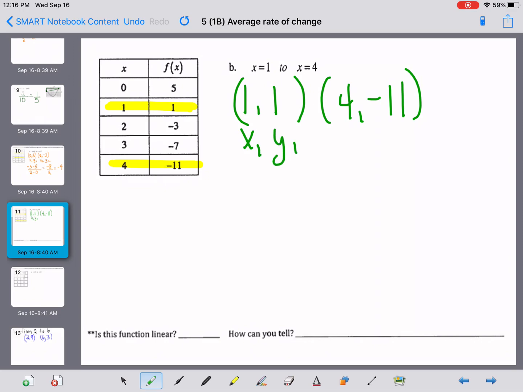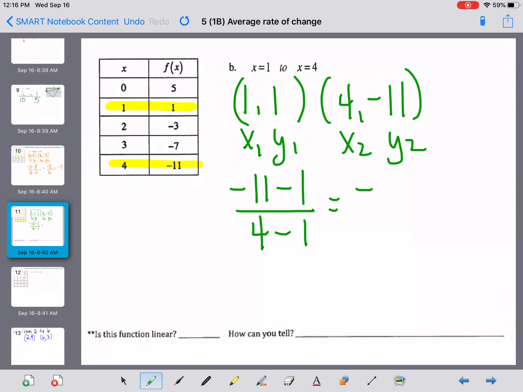Here's x1 and y1, and x2, y2. Change in y, change in x. And we end up with -11 minus 1, which is -12. 4 minus 1 is 3. And -12 divided by 3 is -4.